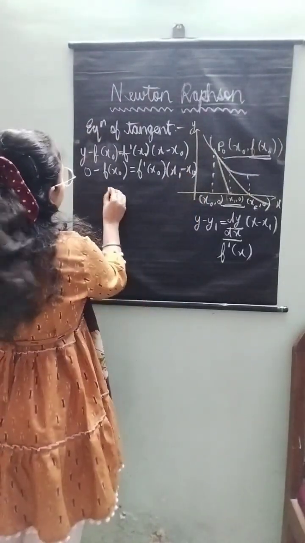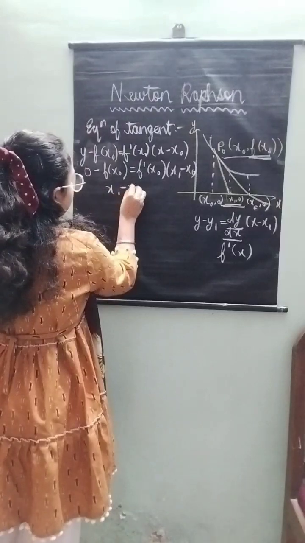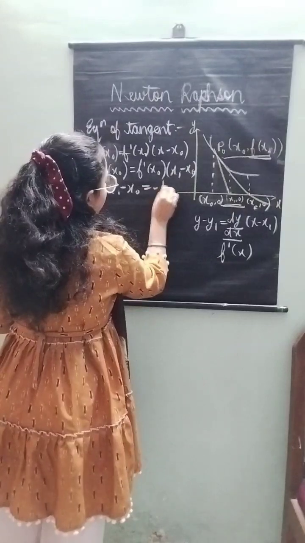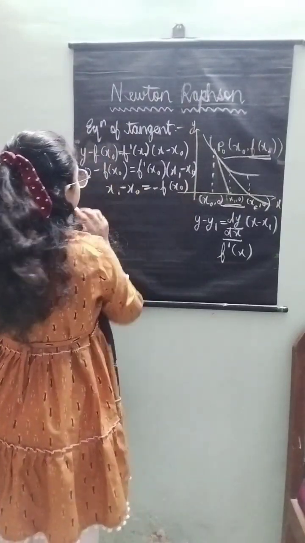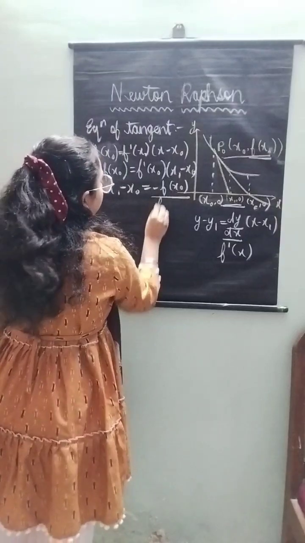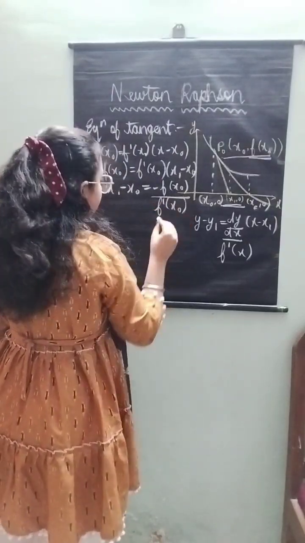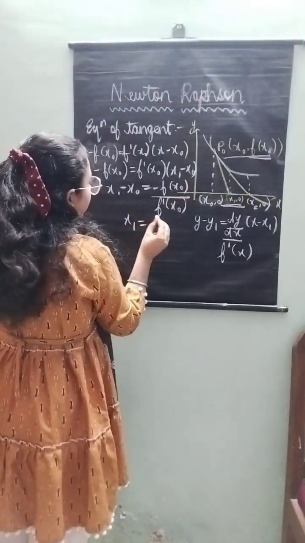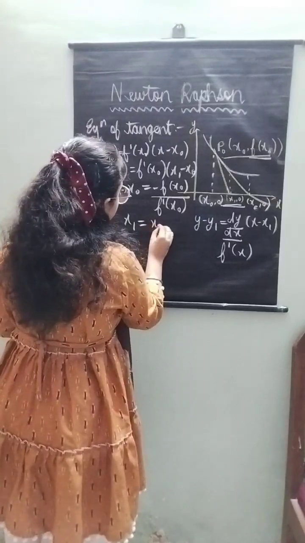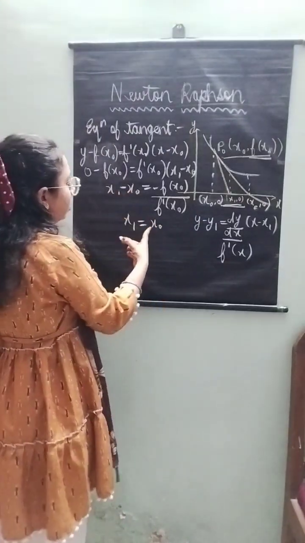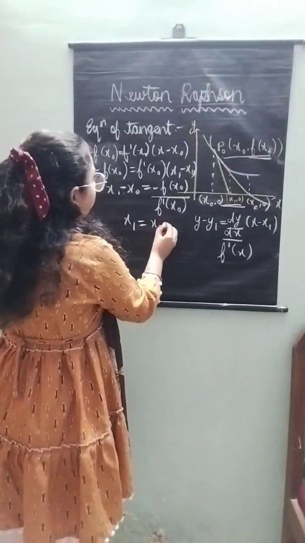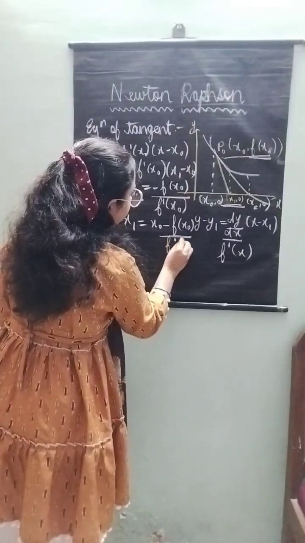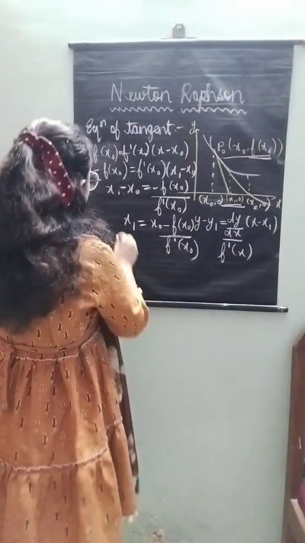Next, we will just change the places. Here it will be x0 as it is, and minus f of x0, and f dash of x0 will go into the denominator. Since we are taking it for x1, it becomes x1 equals x0, minus f of x0 upon f dash of x0.